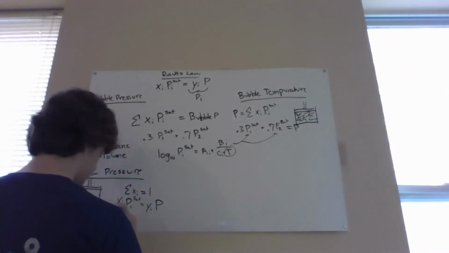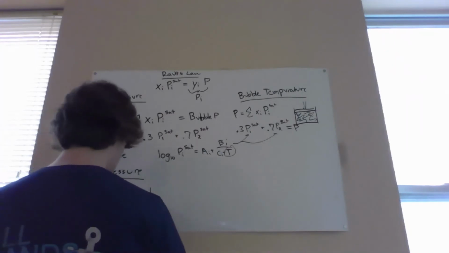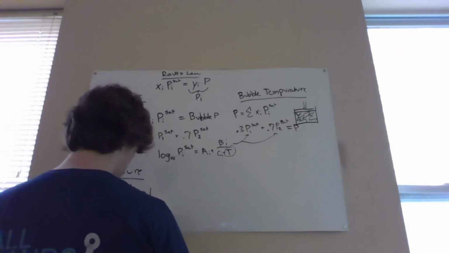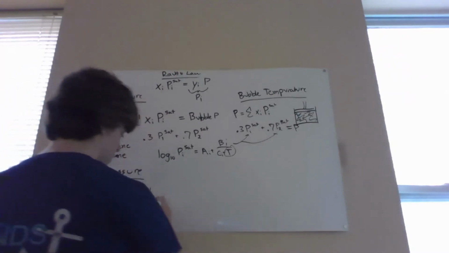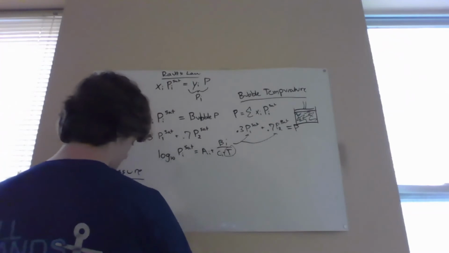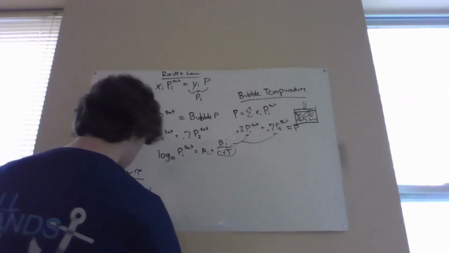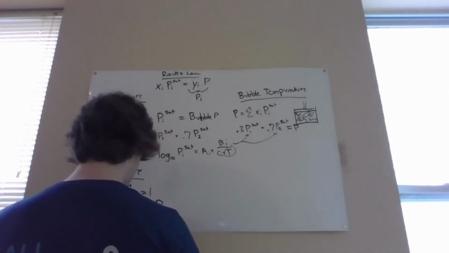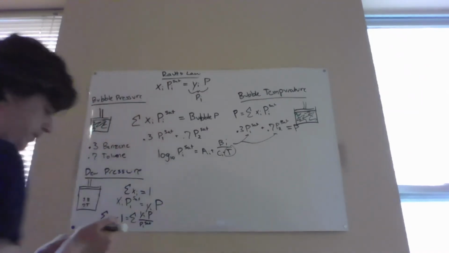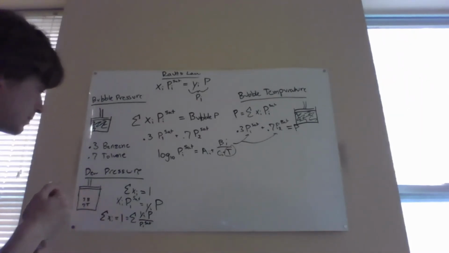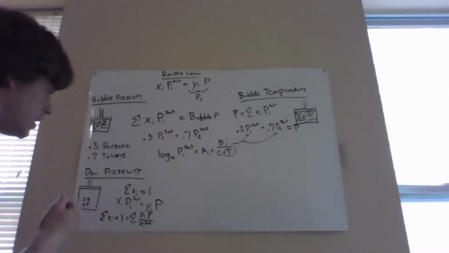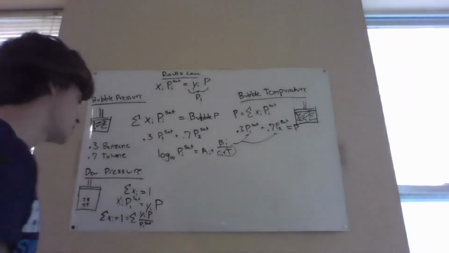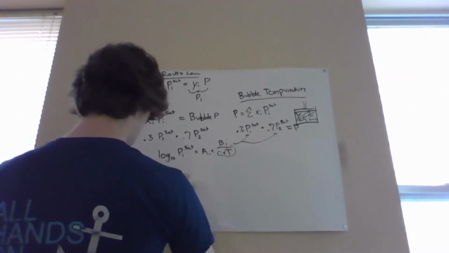So the sum of the liquid mole fraction will be equal to 1, which is equal to the sum of our vapor mole fraction times the total pressure of the container over the pure component saturation vapor pressure of each component. And then from here, I'm going to plug in values, and that'll make it a little easier to solve for the dew pressure. So I'm just going to plug them in up here.